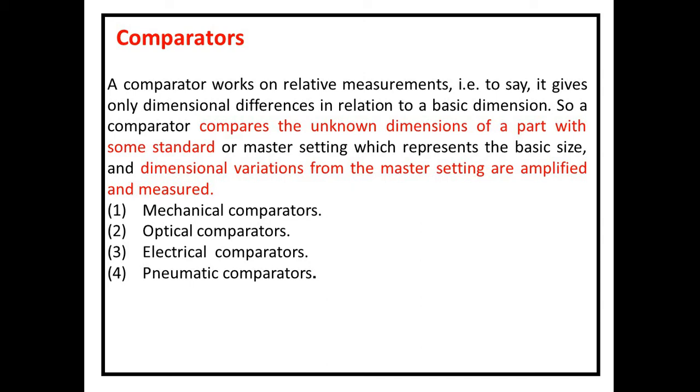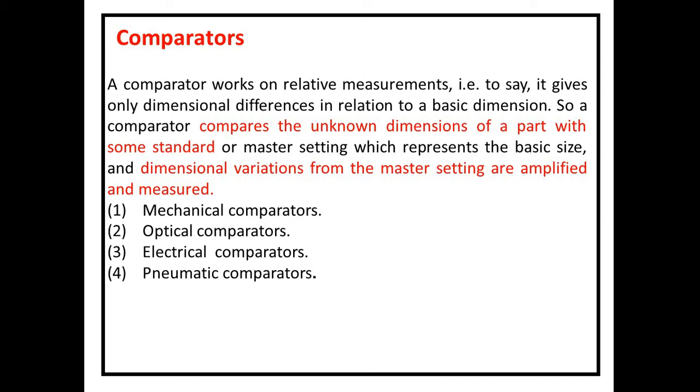What is the meaning of comparator, or what do these comparators do? These comparators are instruments that are provided with means of magnification to enlarge very small differences. They actually measure only dimensional differences in relation to a basic dimension.